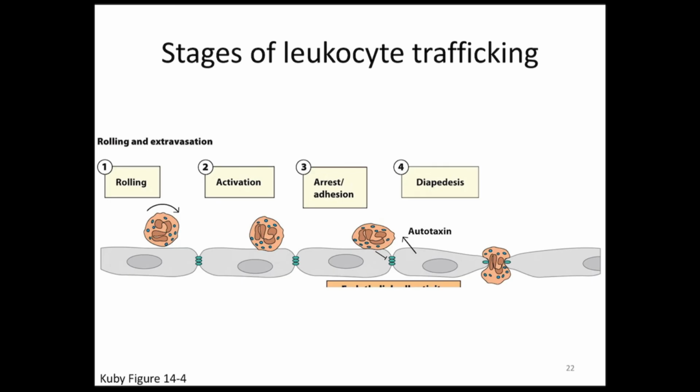Now we are going to have something that's going to be high affinity to really completely stop that cell so that it doesn't go any further in the blood vessel, so that it can actually crawl out of the vessel. So we're going to have some interacting partner that we haven't talked about yet. And whatever that interaction is going to be, it's going to be a high affinity kind of interaction.